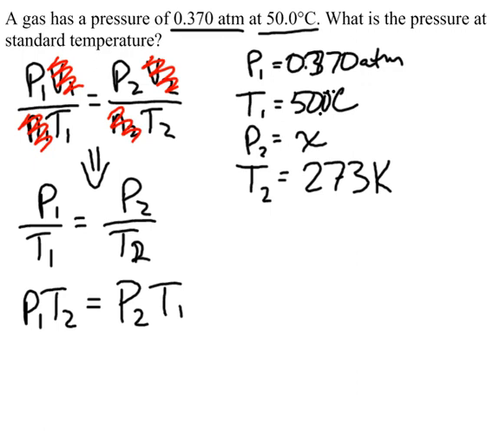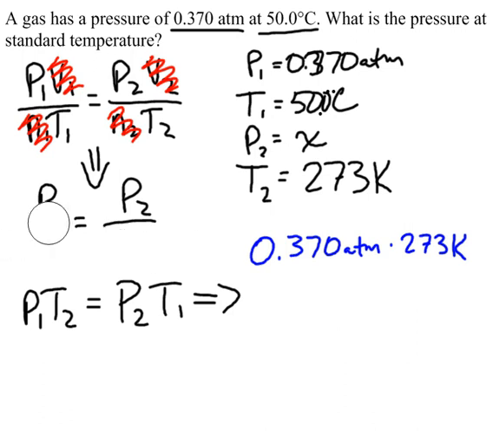So now I move back and I need to just plug in my numbers. So my first pressure is going to be 0.370 atmospheres. Remember to make sure you always include your units. And I'm also going to have my second temperature, which is 273 Kelvin. All right, now I'm going to make some room and say that we'll work backwards here.